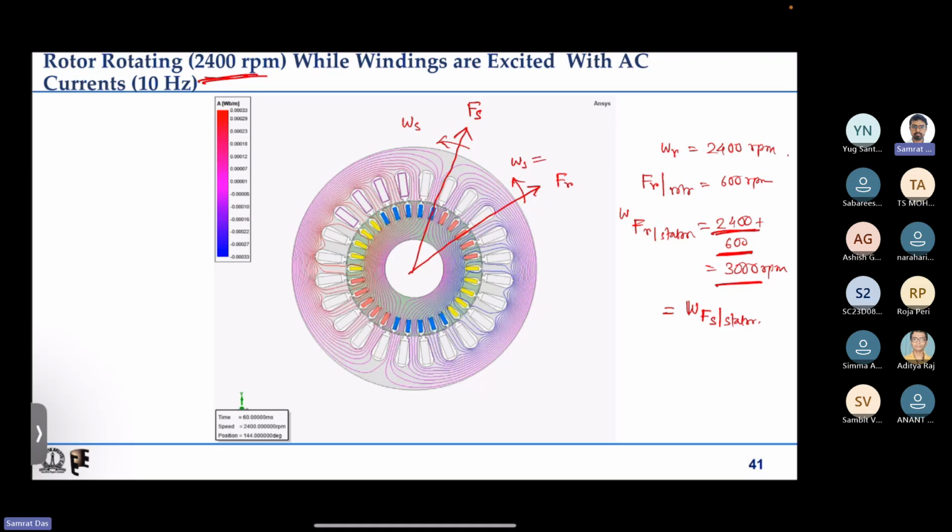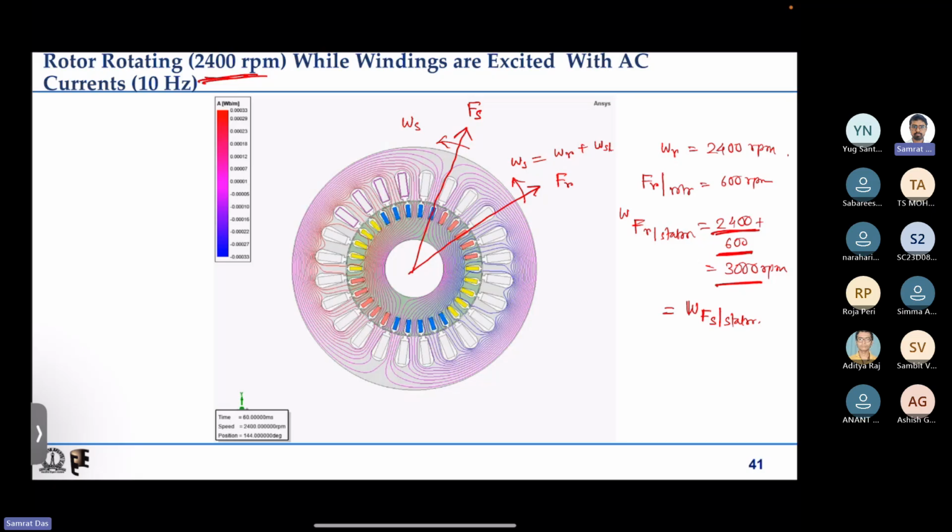This has two components. One is the speed of the rotor itself, and the next is the speed of the rotor magnetic field with respect to the rotor, which is often termed omega slip. Both these omega s are equal. So this is their relative position at time t1.